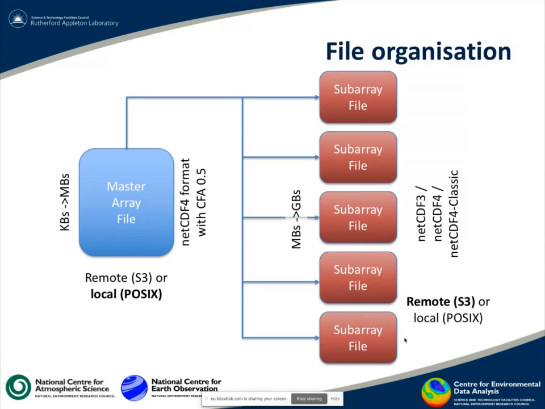That is the name and location of the subarray file, the variable in that subarray file, and also the location in the master array for that. So if you have a temperature variable that has 4 subarray files, then each one of those represents a quarter in the master array file.